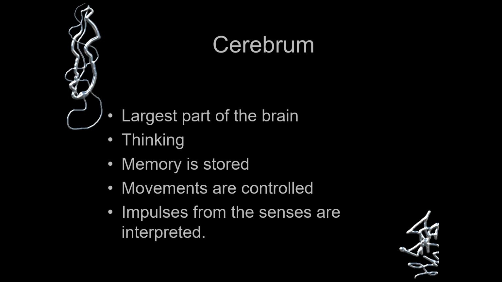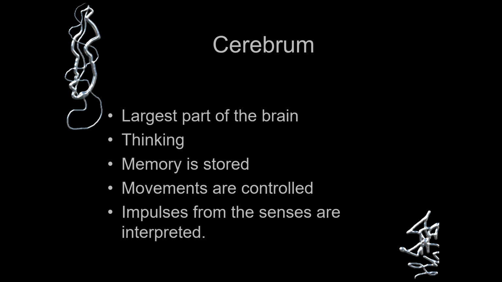Talking about the cerebrum, it is the largest part of the brain, responsible for thinking. And here is where the memory is stored, memory of this lifetime that we have experienced. Movements are controlled.